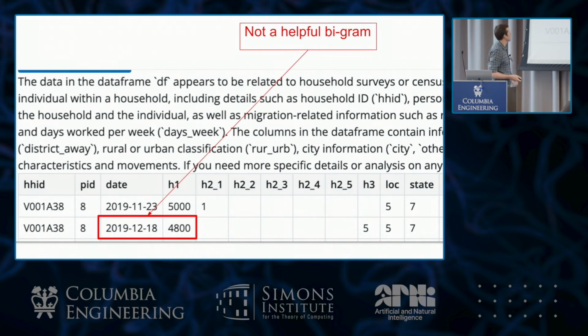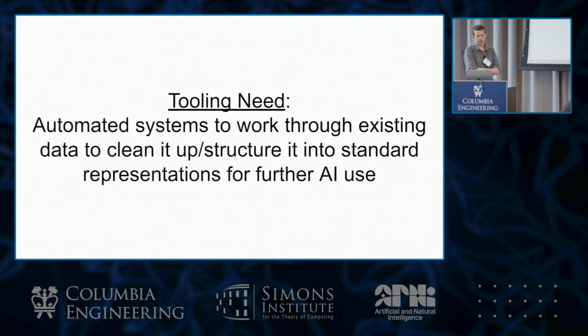Say you overcome that problem, the data is still organized in a way that the next token, if you will, is a data point of some other variable, right? And so that bigram is really not useful. You'd want to be able to, at scale, extract this and put it in a form that matched up: this was a question that someone was asked, and this was their answer, with all the meaning labeled right there.